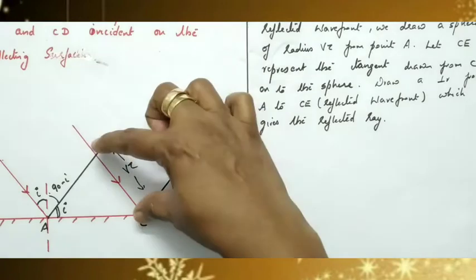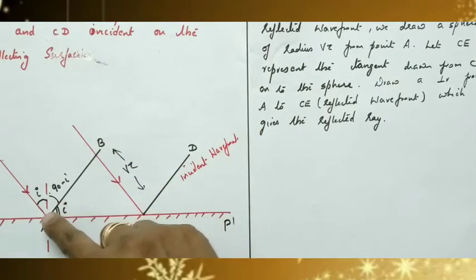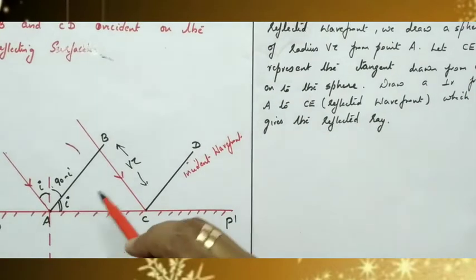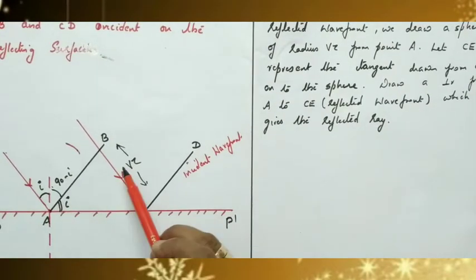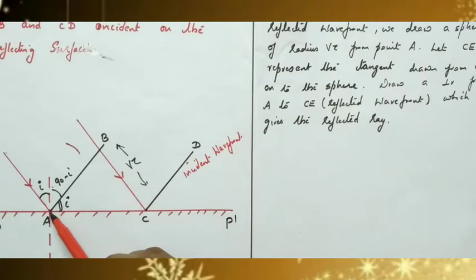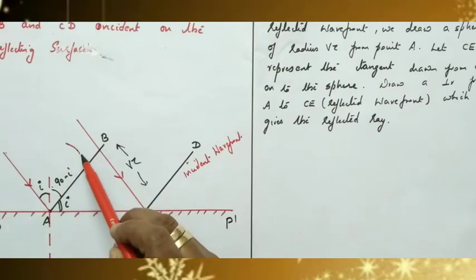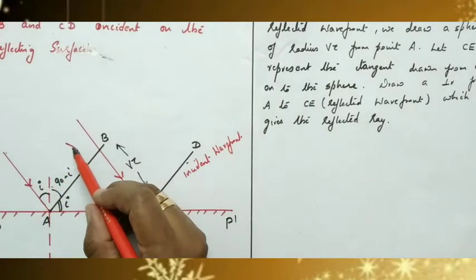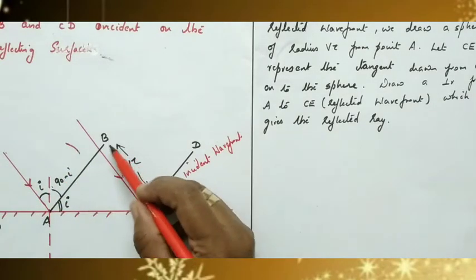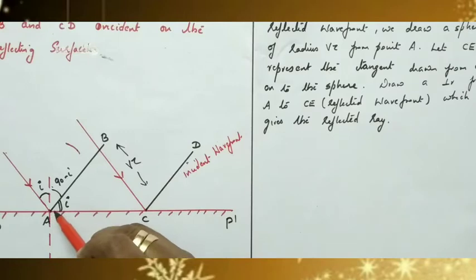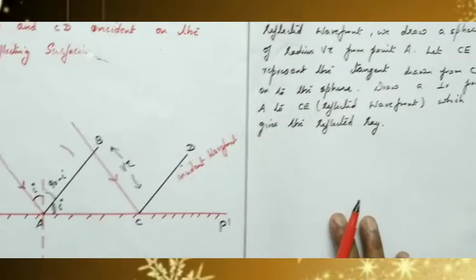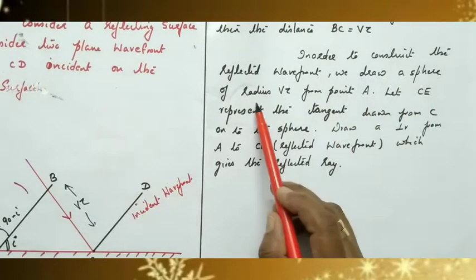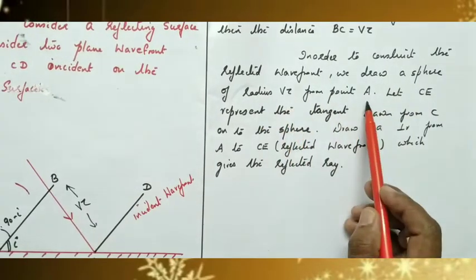Here I have drawn only an arc, but you can draw a complete sphere. This is the arc drawn with radius V tau from A.